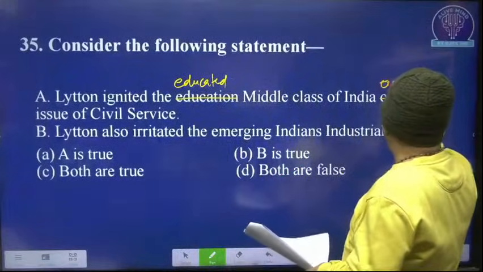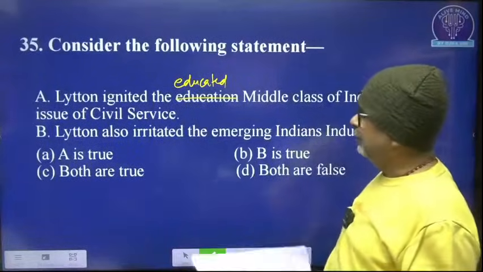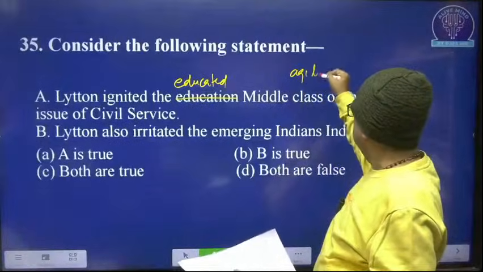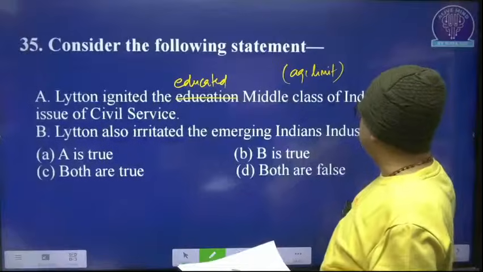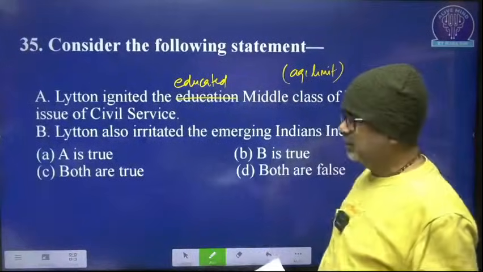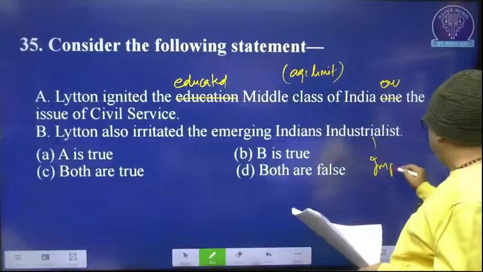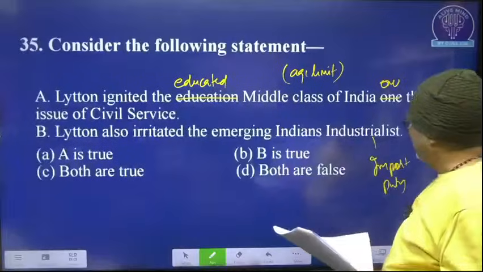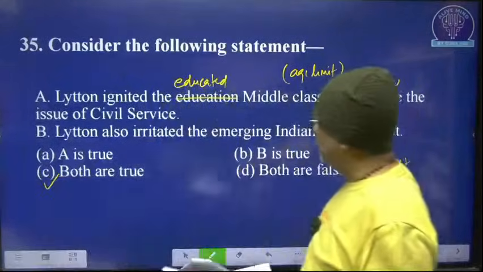Yes, on the issue of civil services, when he brought down the age limit. Lytton also irritated the emerging Indian industrialists by reducing import duty. So both are true. 35C, both are true.